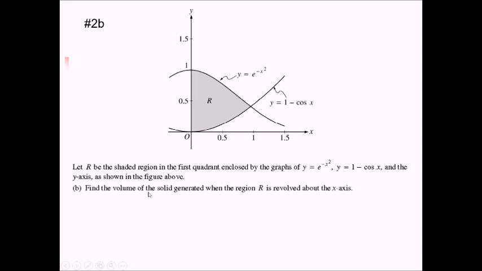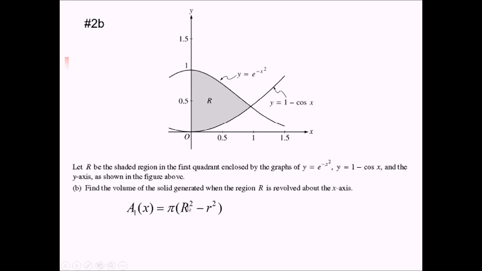So I'm going to use A of x equals pi times big R squared minus little r squared. And I'm actually going to write A sub 1 of x equals all this stuff, just because I looked ahead and I know that I'm going to be making another cross-section area formula in part C, so I don't want to confuse it with this one.